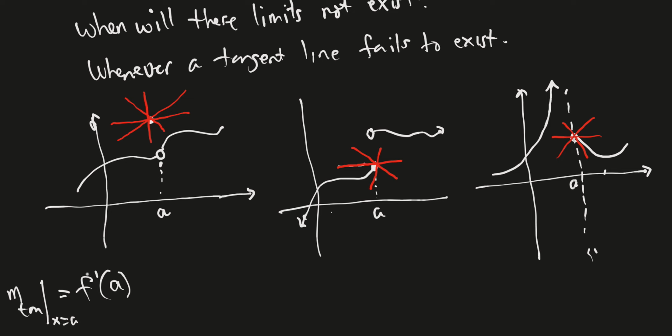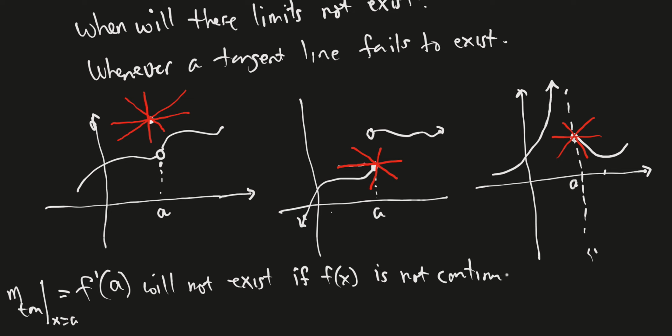And what we're saying now with this kind of graphical analysis is that f prime of a will not exist, right, if our original function, if f of x is not continuous. And it doesn't matter what type of discontinuity. If f of x is not continuous at x equals a, right?